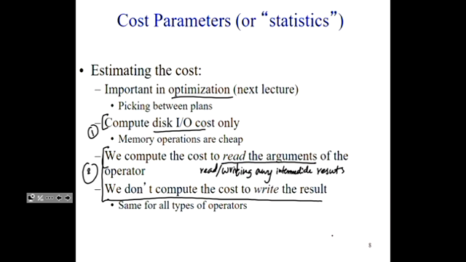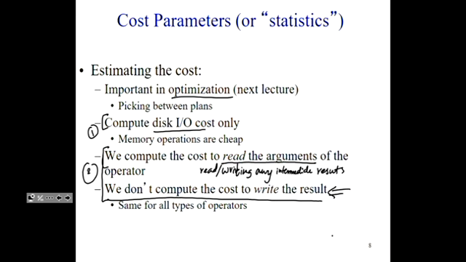Another reason why we don't count this is, in many cases, you don't actually write the result. You might simply show it to the user. You might give it to another operator. So you might scan a relation and then apply a selection condition after that, so you don't really write it back to disk. You might pass it along to the next operator. So this is another reason why we don't count the cost of writing the result of an operator.